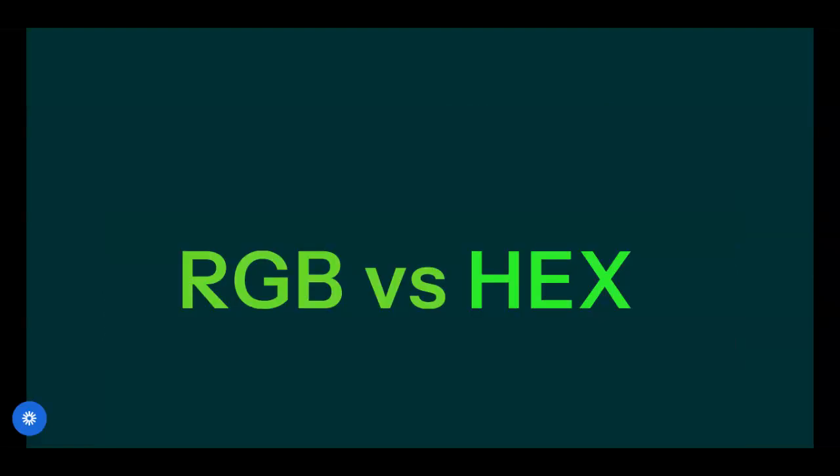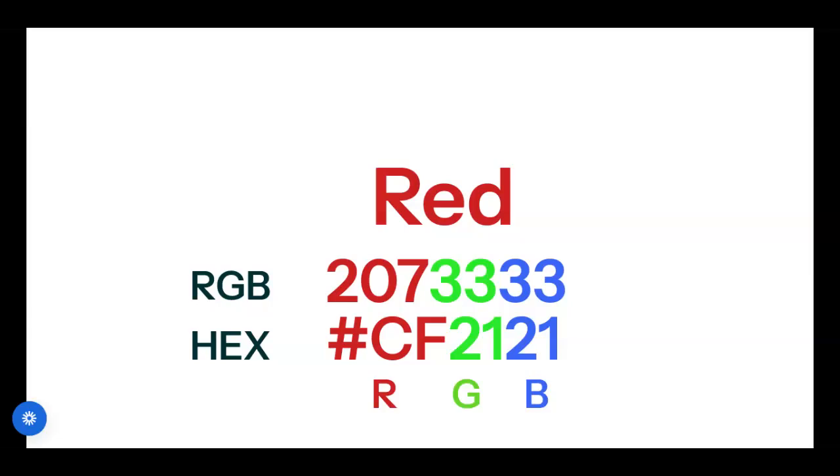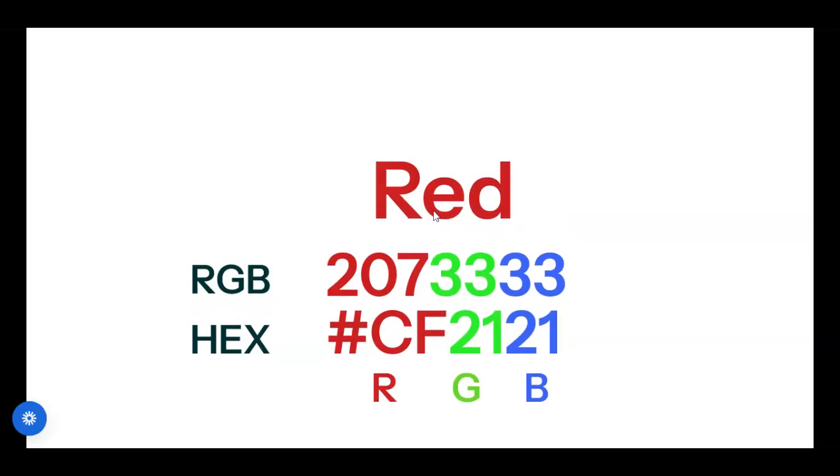Now we also want to look at RGB and hex color codes and the differences between them. Basically, RGB just means red, green, and blue. So for example, this red over here has more red, which is about 207. Then you have a little bit of green and a little bit of blue.